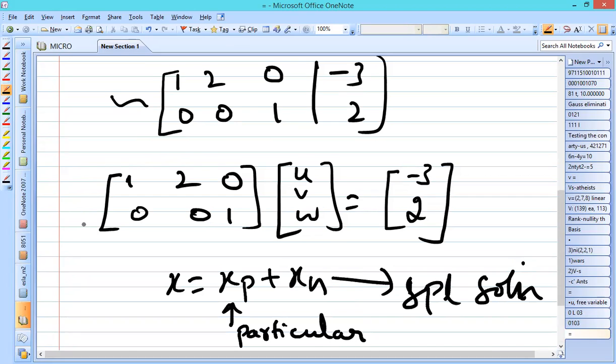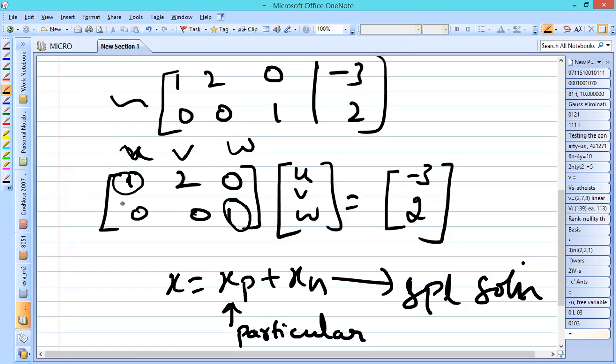Now if we consider the elements of A, first we are going to identify the free variables. In order to find the free variables, first we need to identify the pivots. The pivot in the first row is 1, and in the second row it is present in the third column. These correspond to the elements U, V, W, so accordingly you have to note down the variable names.